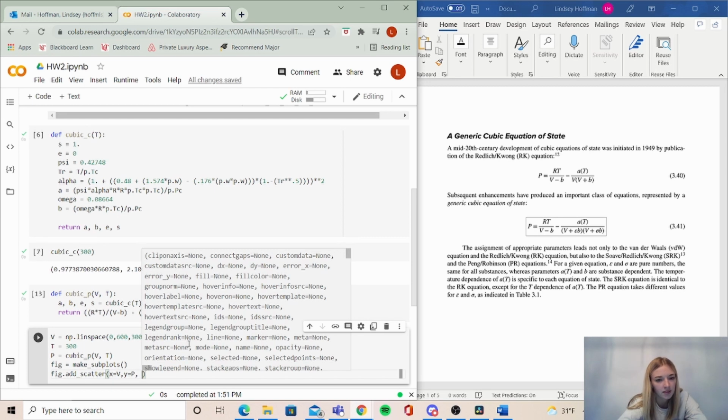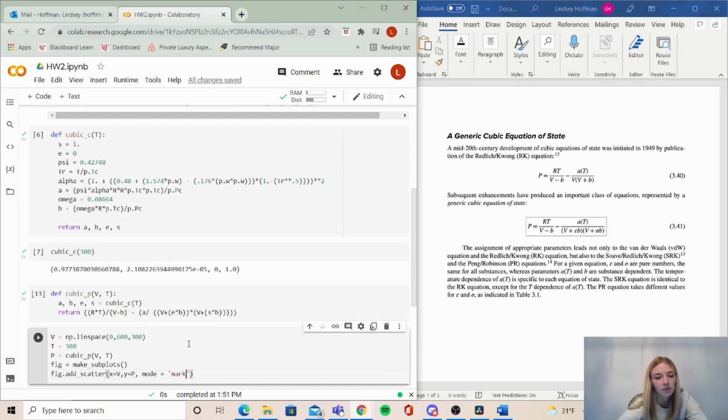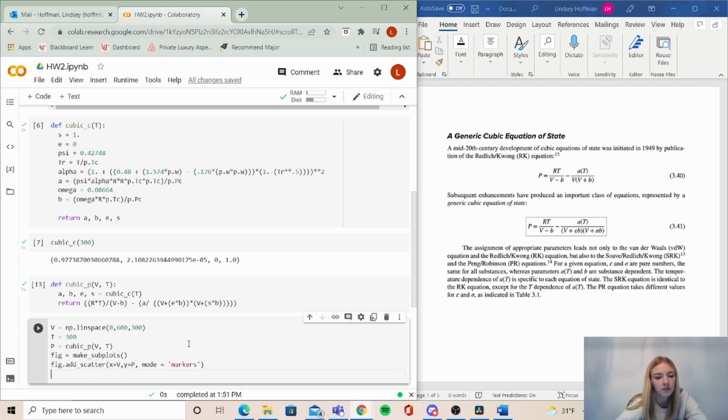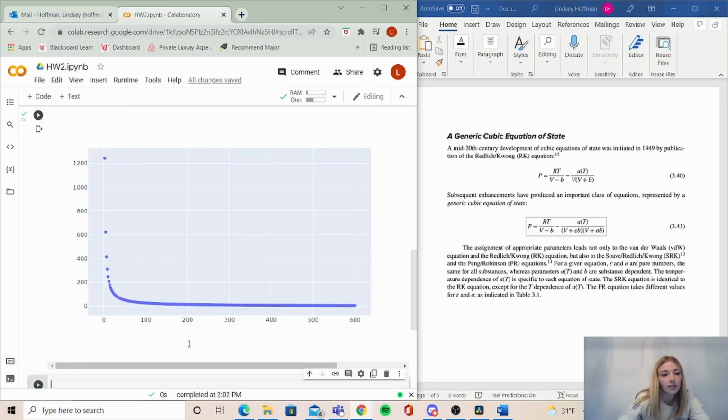And we can define some kind of mode for this. I'm going to make it markers so that way we can see the individual points on our graph. So here we have our plot of volume on the x-axis and pressure in the y-axis. And these are points here, the temperature points.